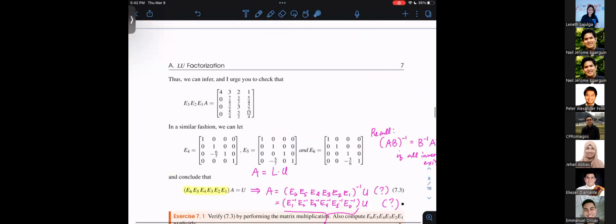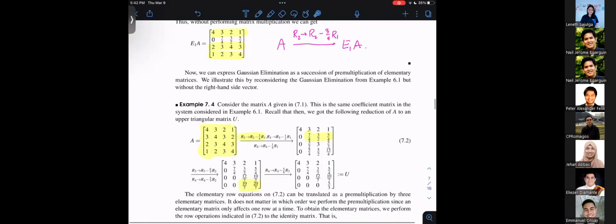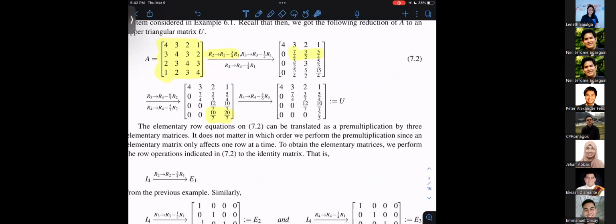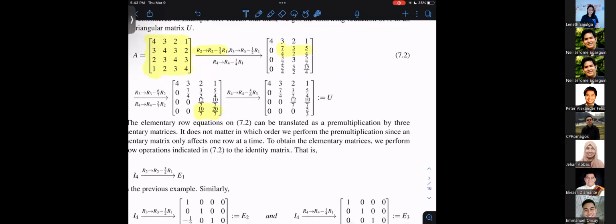Let me go back to that example where we wrote the elementary operations. So let's look at this particular example. This is example 7.4. I have here the Gauss-Jordan algorithm for the matrix A, and we eventually got this upper triangular matrix U. So this will be the U in our LU factorization.